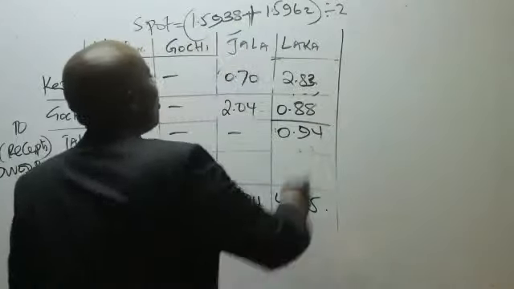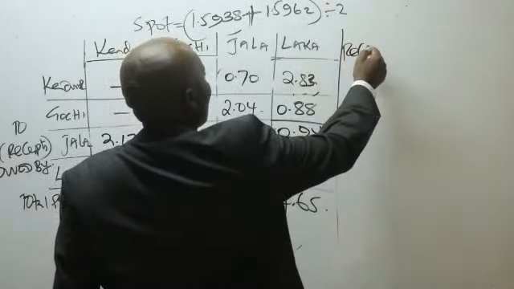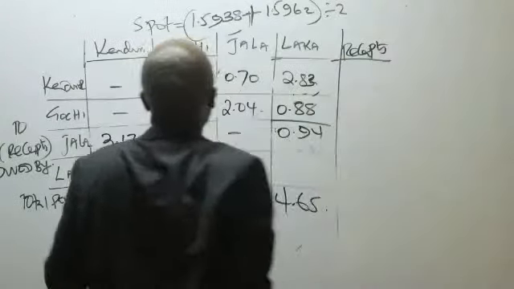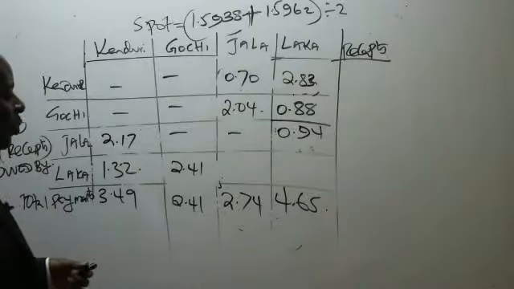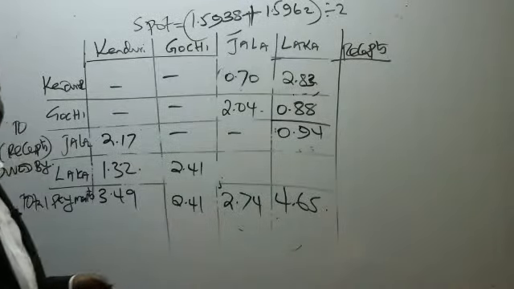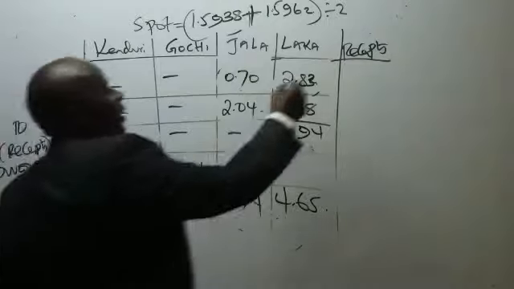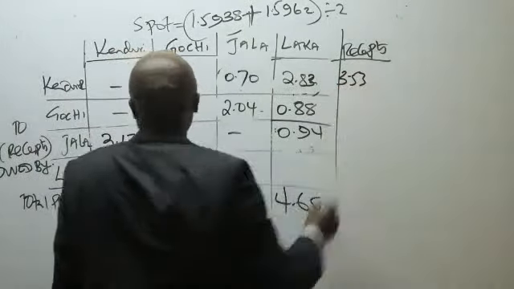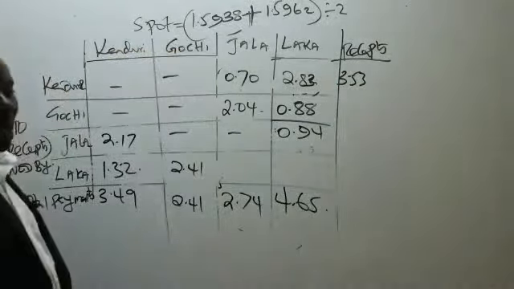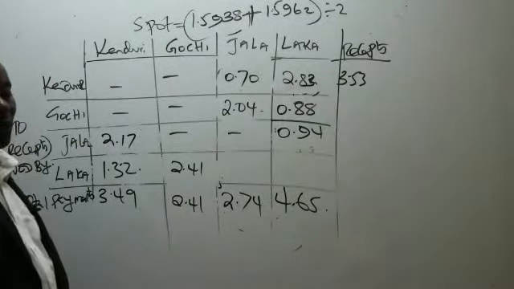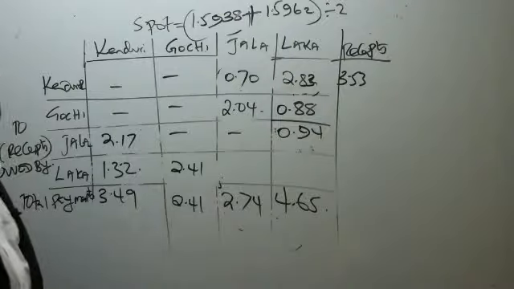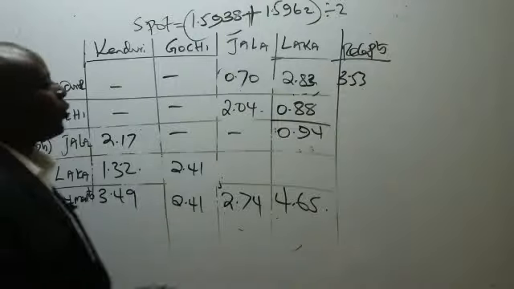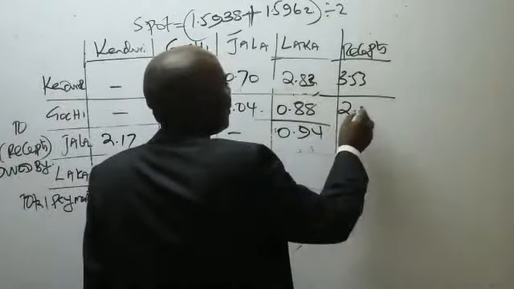So receipts here, what do we have? Please add the first one. If you add the first one, the other side, how much does it come to? The first one, if you add, is 3.53. How about the next one? If you add it, how much will it come to? It is 2.92.